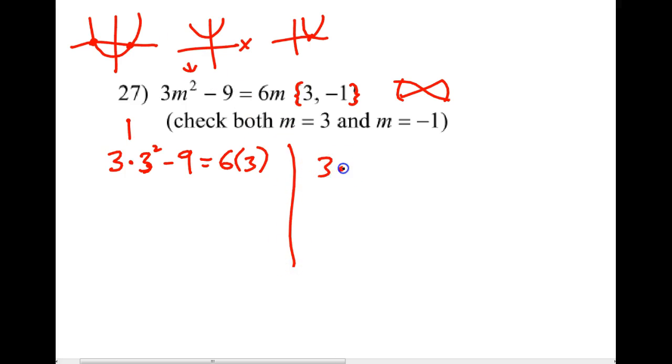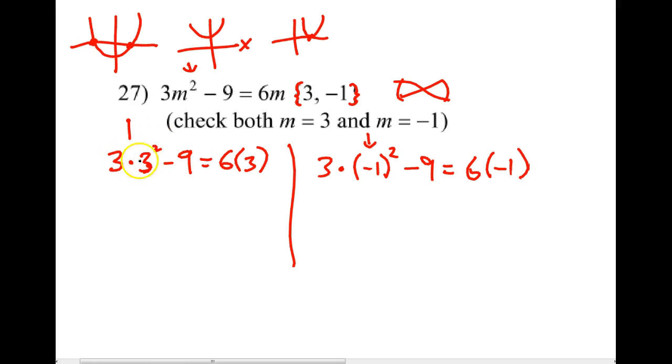3 times negative 1 squared minus 9. Does that equal? Again, this is very deliberate because of the negative. I used parentheses. Over here, I didn't. That actually makes a difference. How you write it down changes things.